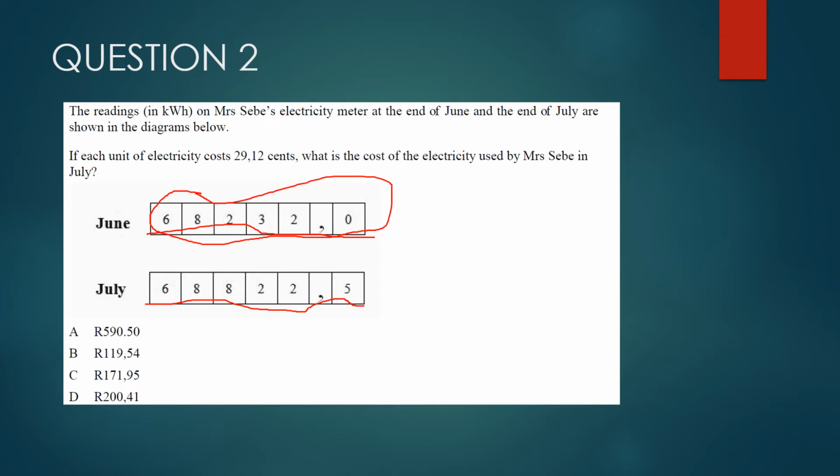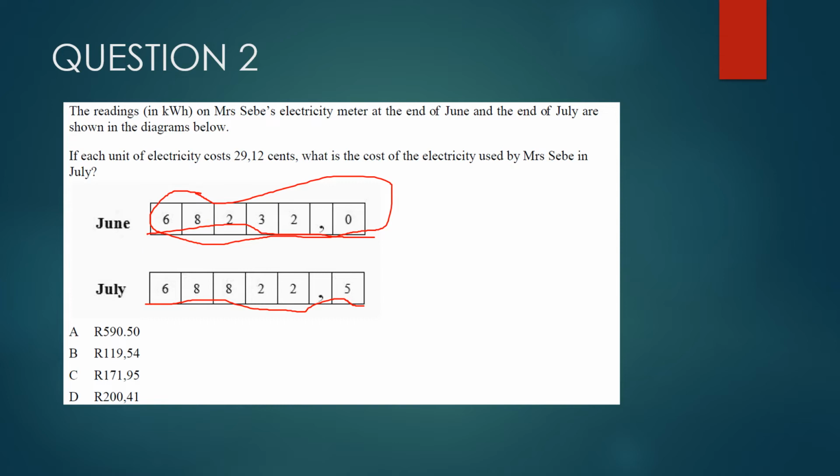This reading is the end of July, so it includes all the units that this person has used throughout the years. You want to find out, for only the month of July, how many units this individual used. So you're going to find the difference between these 2 months.